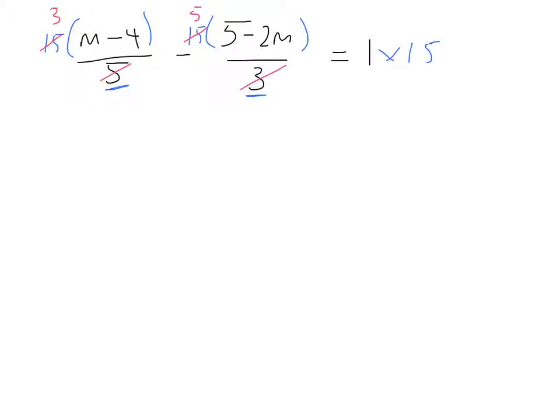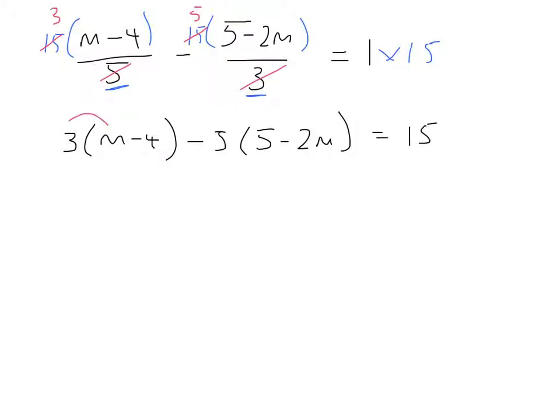That now leaves me with a simplified equation of 3 times m minus 4 take away 5 times 5 take away 2m equals 15. Next we need to expand out the brackets. 3m, 3 times negative 4 is negative 12.